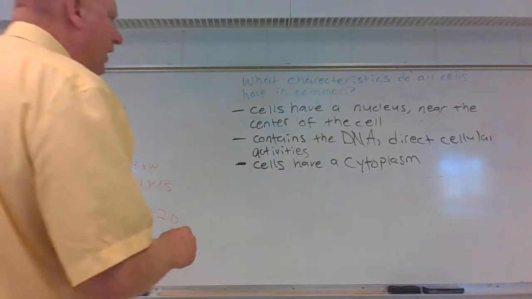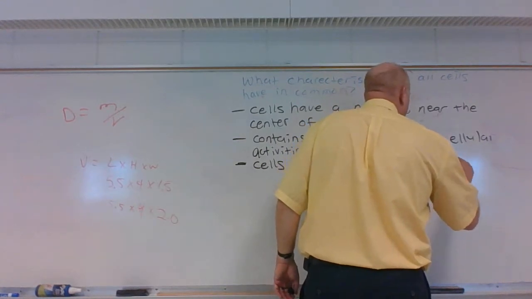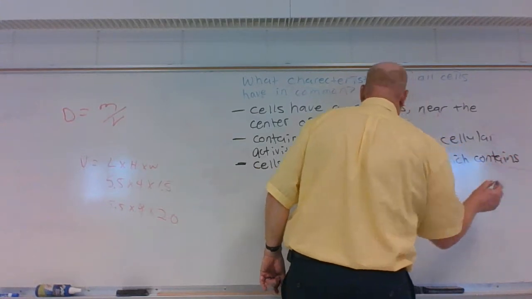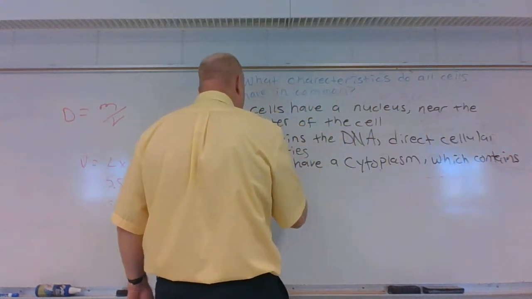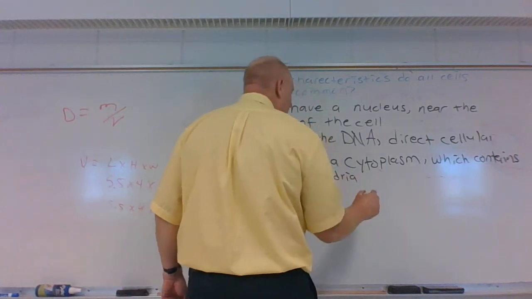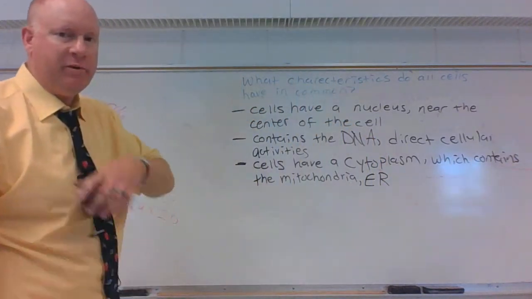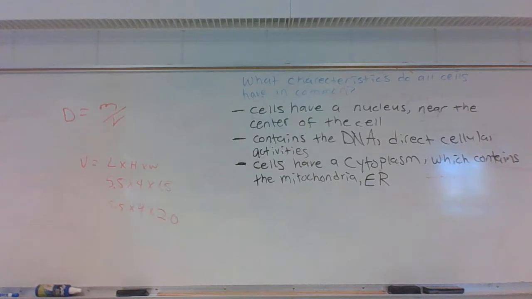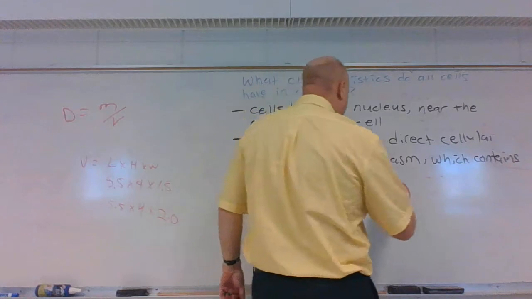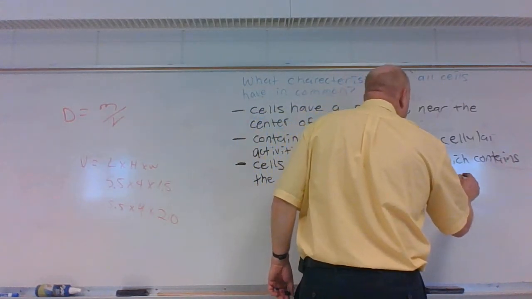Cells have a cytoplasm, which, for our practical purposes, contains the mitochondria, and we can just say ER for endoplasmic reticulum. We don't need to be specific about whether it's rough or smooth. We just want to know that's the endoplasmic reticulum. And finally, the Golgi apparatus.